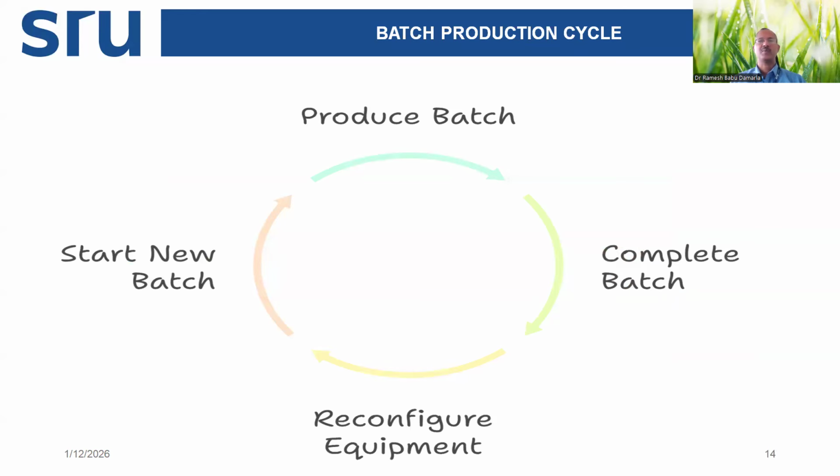Let us see the batch production cycle. First, start a new batch, produce the batch, complete the batch, then reconfigure the equipment. Here, reconfiguration can be like a toothpaste manufacturer who first would like to do plain white color toothpaste, processed, say 10,000 packets are made.